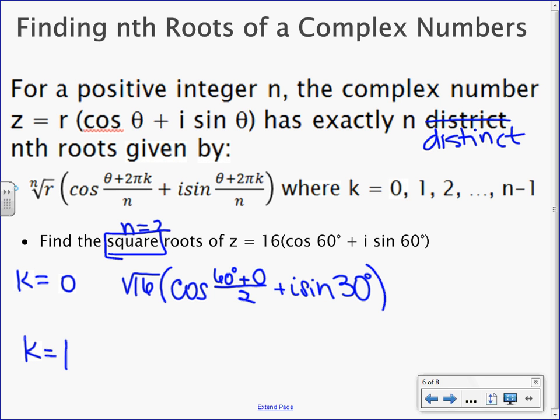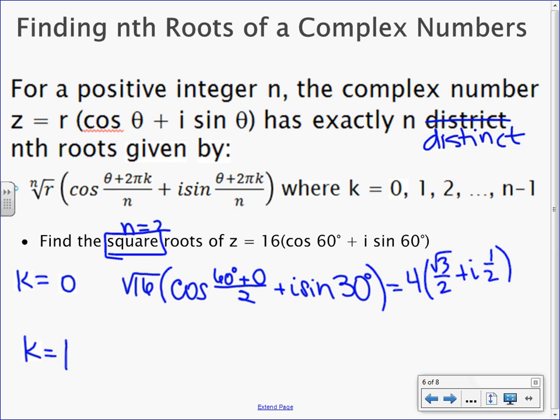The square root of 16 is 4. We're not solving yet. Cosine of 30, sine of 30.